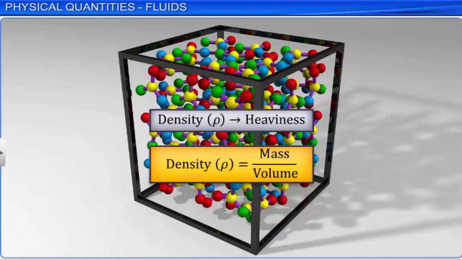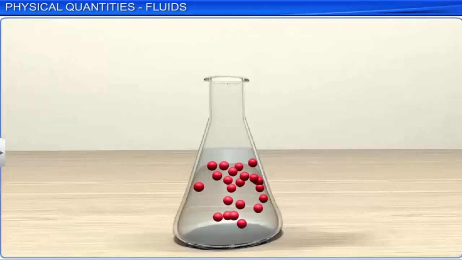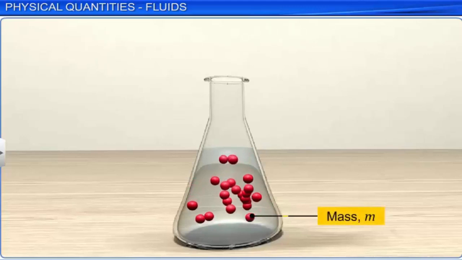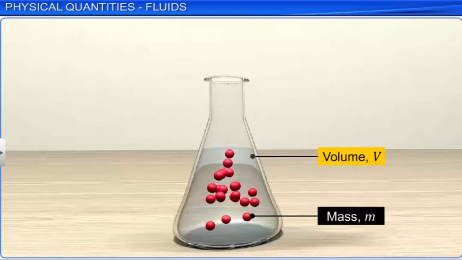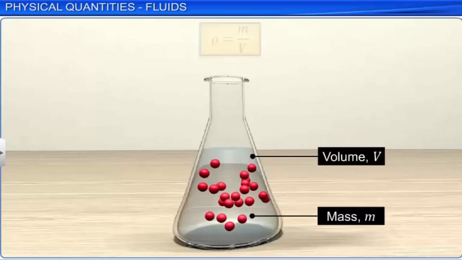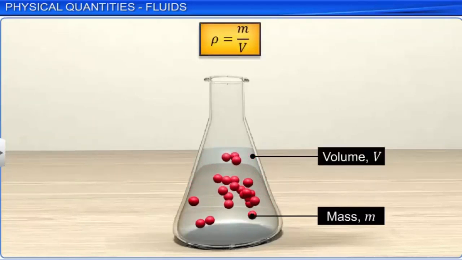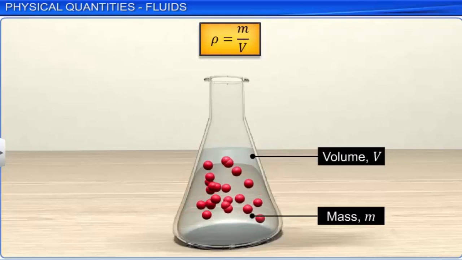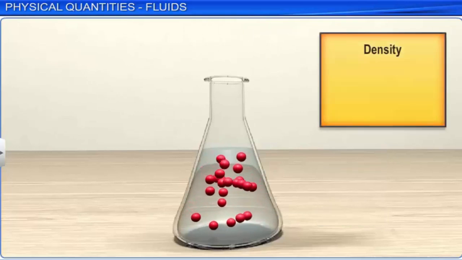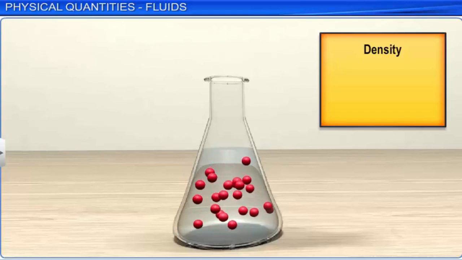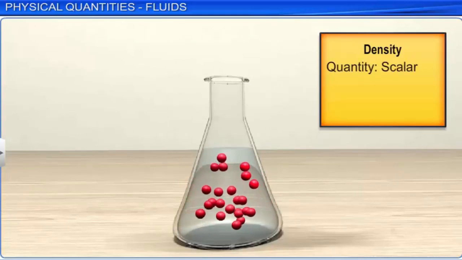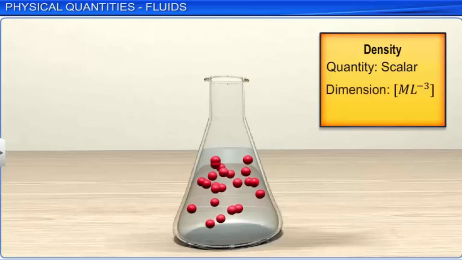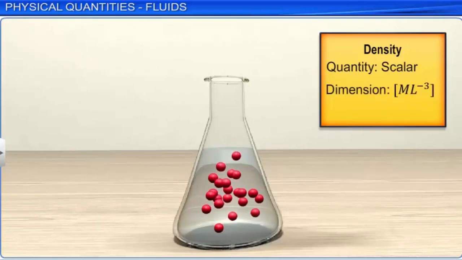The density of a fluid of mass m occupying volume V is represented as the ratio of m to V. As mass and volume are both scalars, density is a scalar and its dimensions are M L power minus 3. In the SI system, density is measured in kilograms per cubic meter.